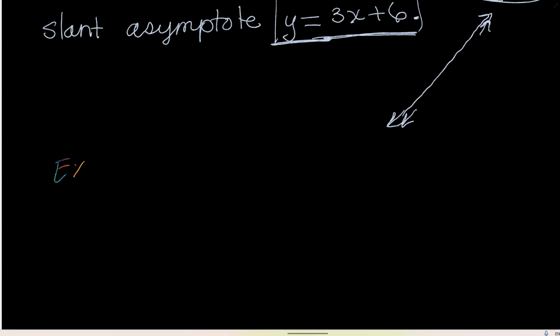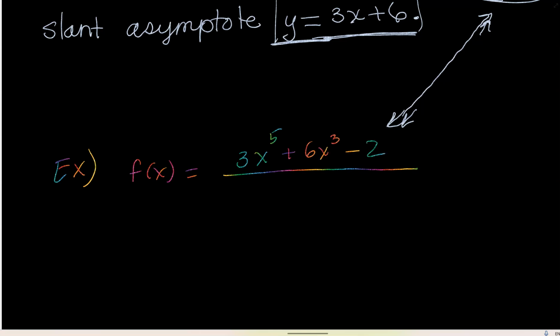For example, f of x is equal to, and let's think about that for a second. When is it that you will get a function that behaves like a parabola? So instead of 3x squared, let's say 3x to the 5th plus 6x to the 3rd minus 2 divided by x to the 3rd minus 1.